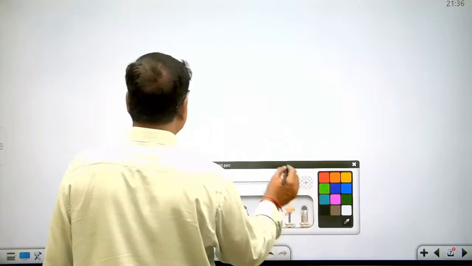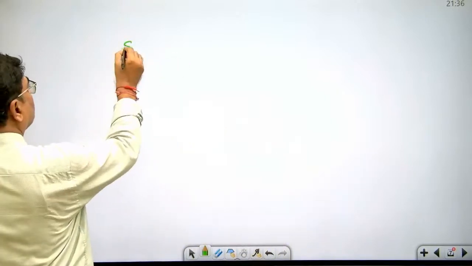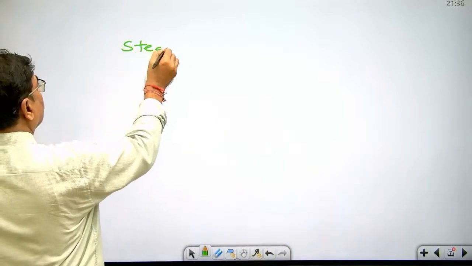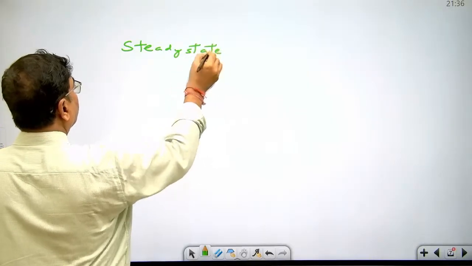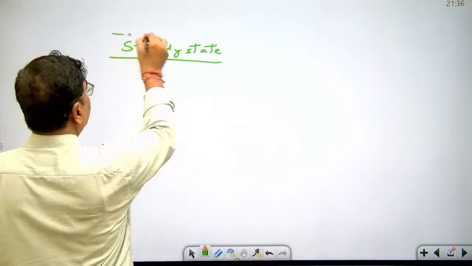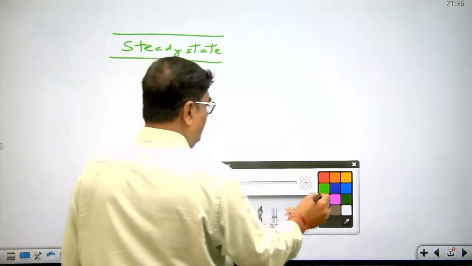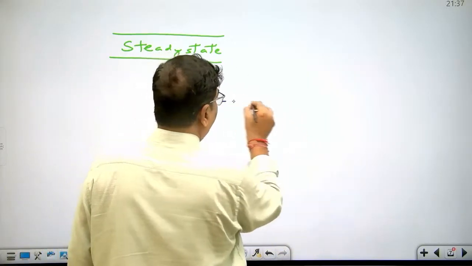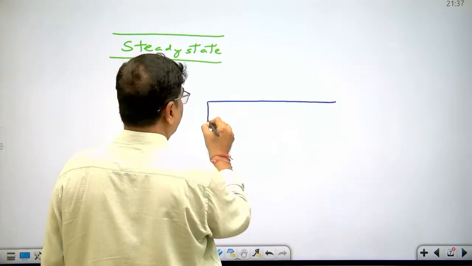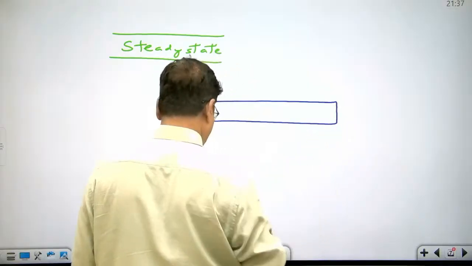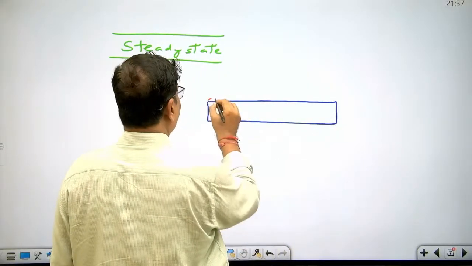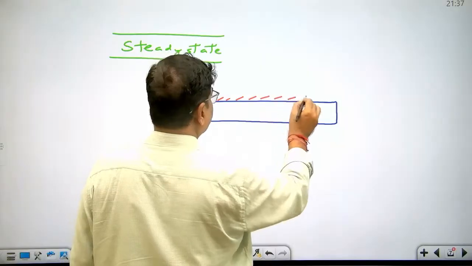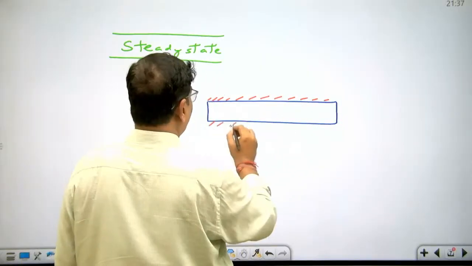Now let's understand the meaning of a steady state. When the surrounding is insulated, here we are putting insulators. Here also we have put insulators.